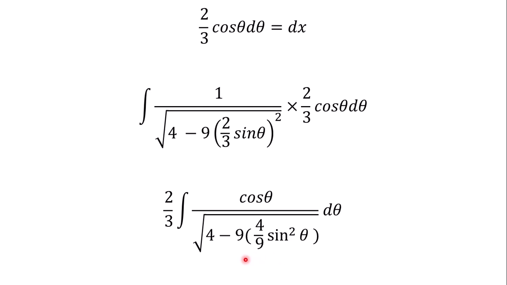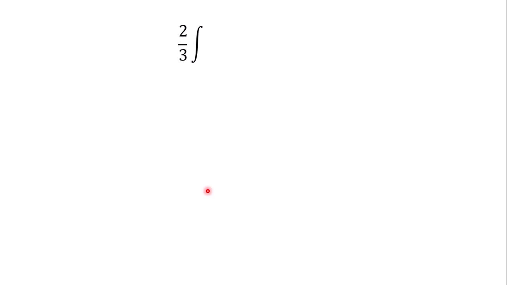And with 4 sine theta squared, we can factor out the 4. Now after cancelling 9 and 9 out, that is what you have gotten, that is 4 minus 4 sine theta squared.